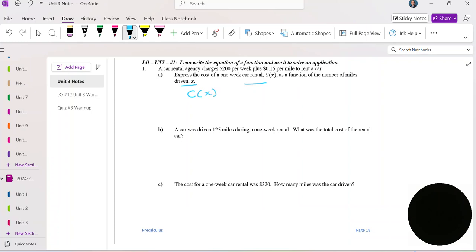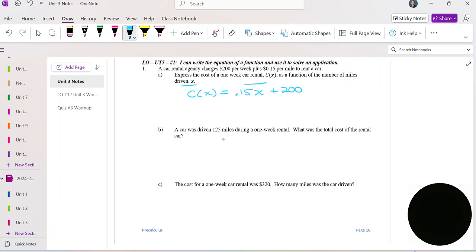So C of X is equal to 0.15, 15 cents per mile, plus $200, because you automatically have to pay $200 per week, and then 15 cents per mile.